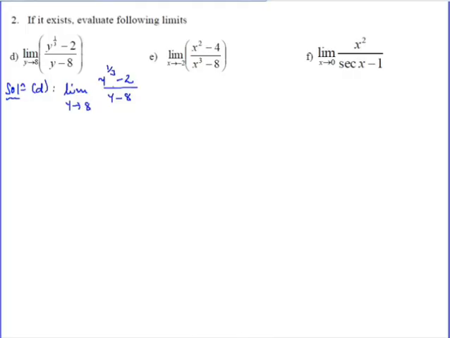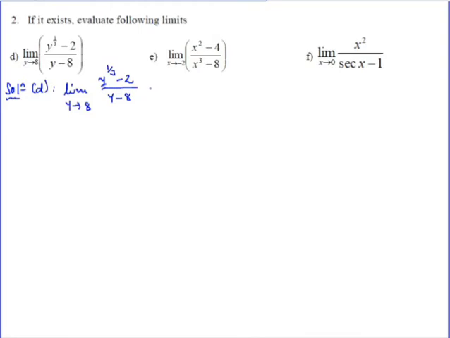If you directly substitute 8, y to the power of 1 over 3 is 2. So 2 minus 2 is 0. It becomes 0 over 0, which is called an indeterminate form.